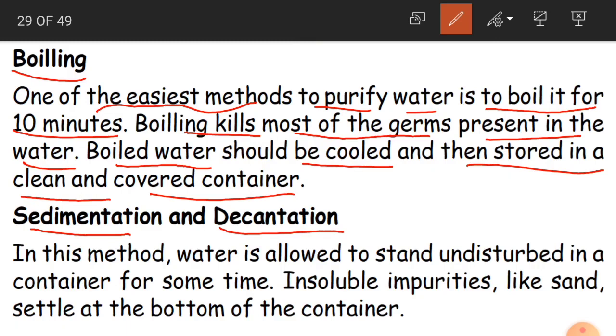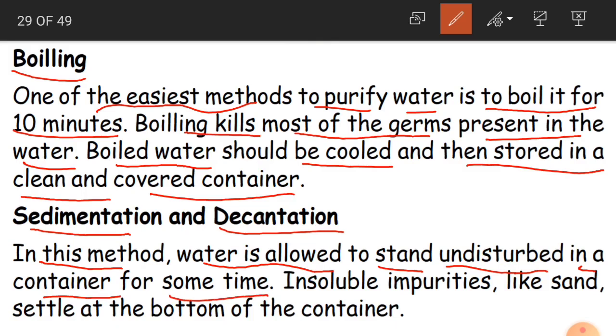Sedimentation and decantation. So we'll just see what it is. In this method, water is allowed to stand undisturbed in a container for some time. So what are we going to do?